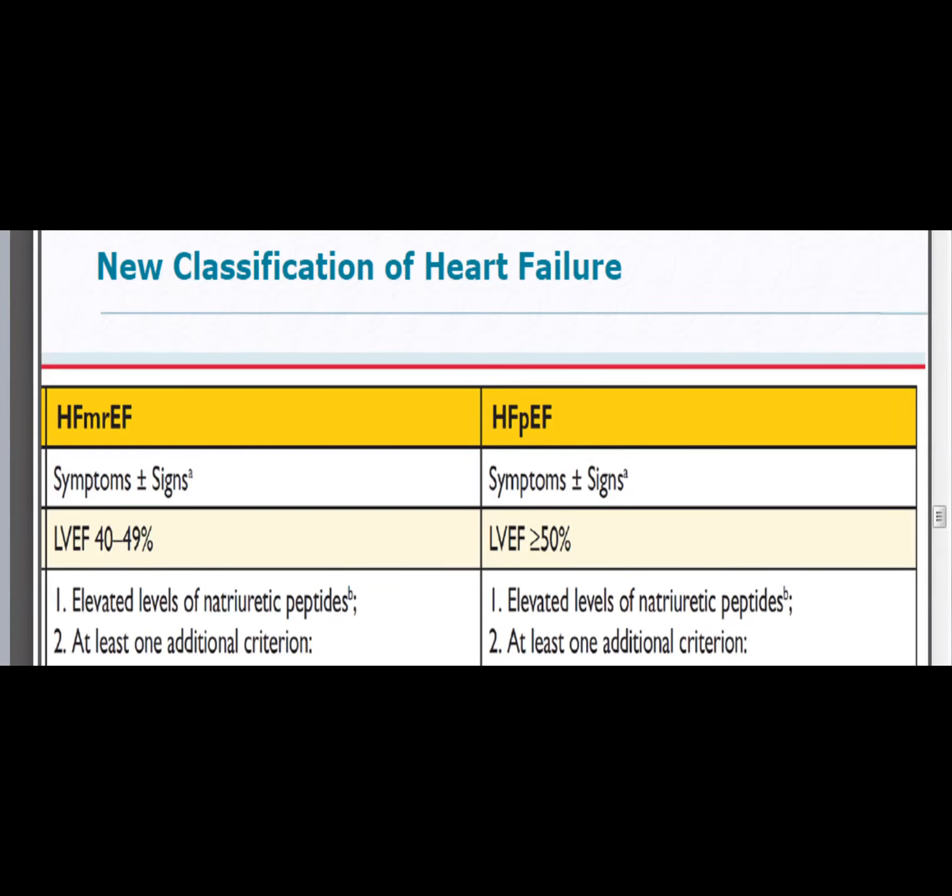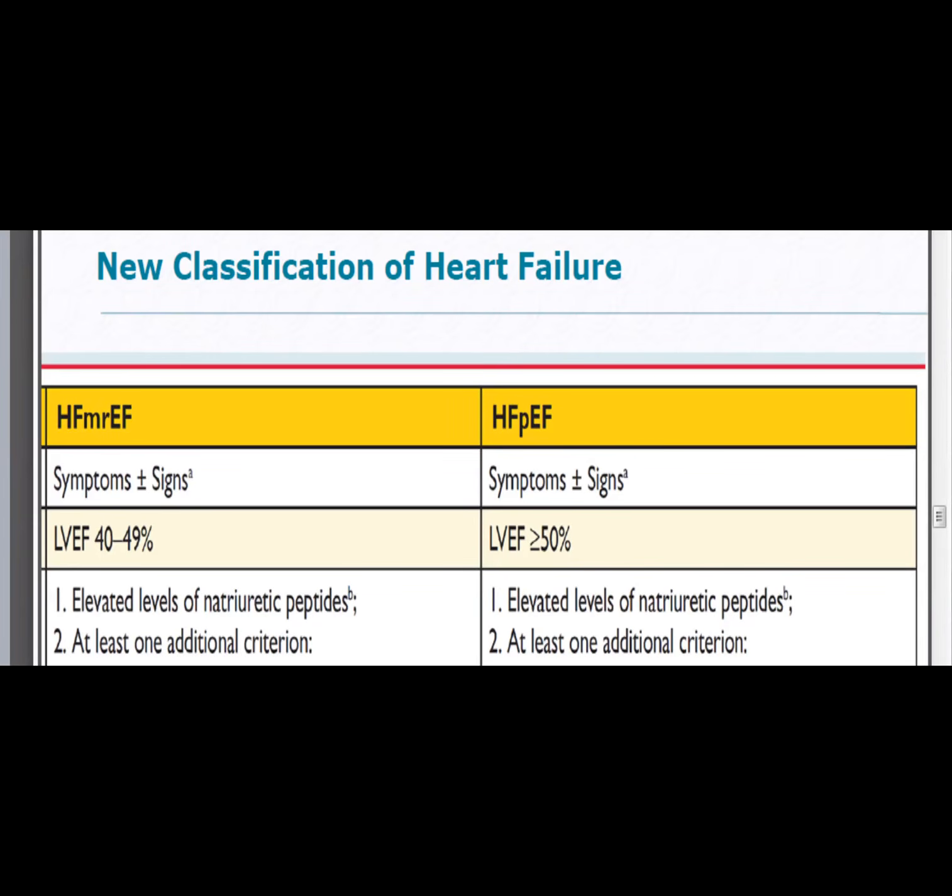The definition of mid-range is an ejection fraction between 40 and 49%, while HFpEF is an ejection fraction of more than 50%, and HFrEF is an ejection fraction less than 40%. So that stresses the importance of evaluating the ejection fraction precisely. See the difference between 49 and 50, and 40 and 39, and stuff like that.